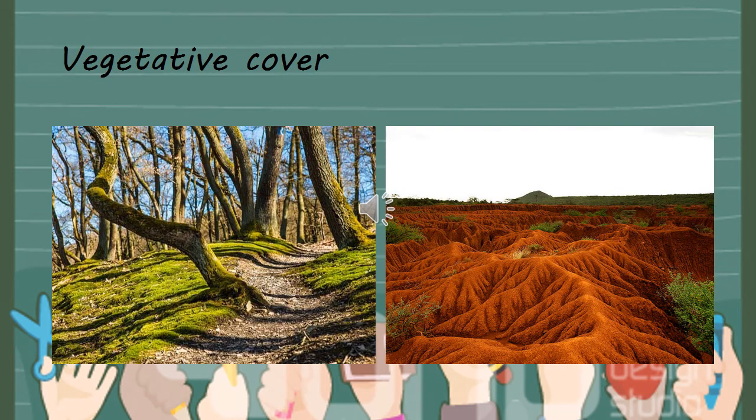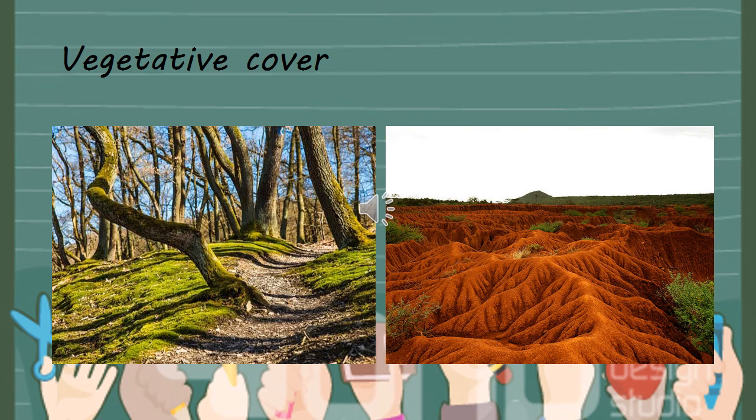The last factor on which weathering depends, and a very important one, is the presence of vegetative cover. You already learnt in soil erosion that the roots of trees or grasslands hold the soil tightly, which prevents soil erosion. The same goes in the case of weathering.